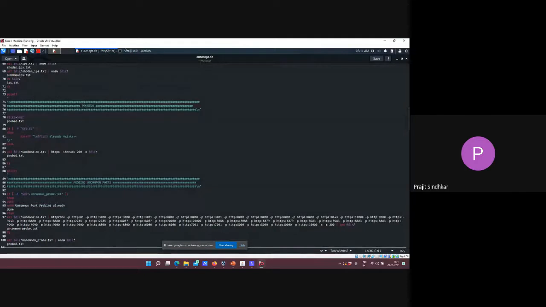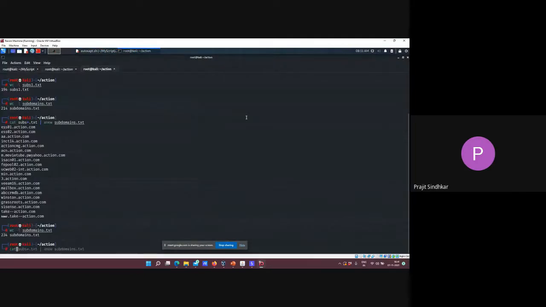I have to cat subdomains.txt, pipe it to httpx, and save it with -o probe.txt. Now many people use -mc 200 to match status code or show content length and title, but since I have to use this further, it's better that I don't have any extra information, only the URL patterns.